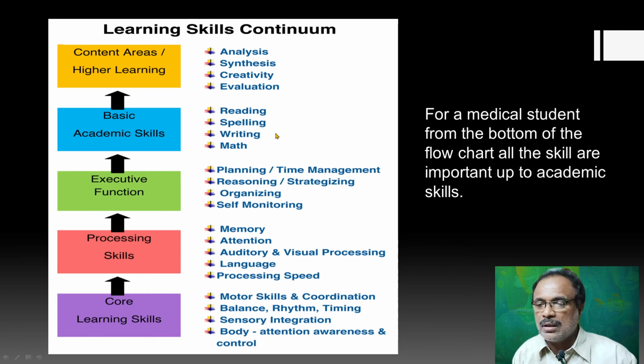These are all a must for undergraduate students. Once you go for PG or become a registered medical practitioner, you have to practice the fifth level skills, that is analysis, synthesis, creativity and evaluation.